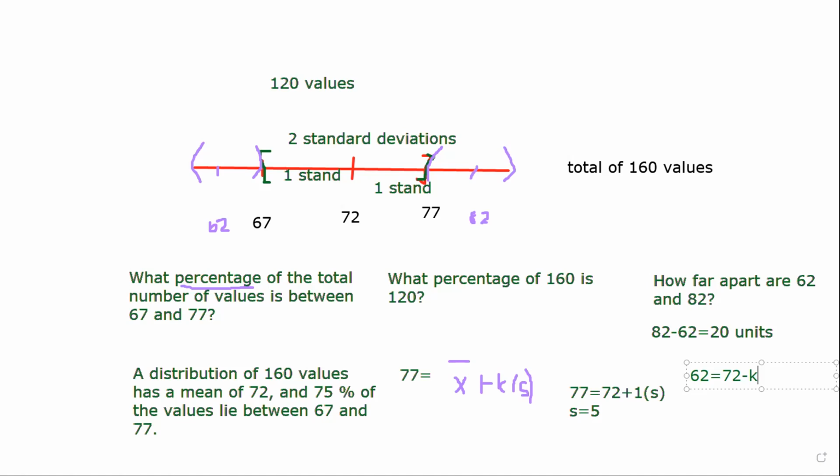So here, what is my K here? This is 5 units. You'll get 62.